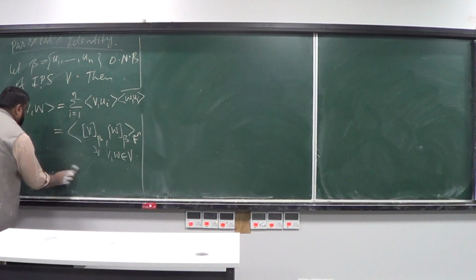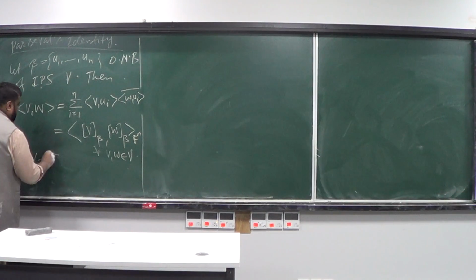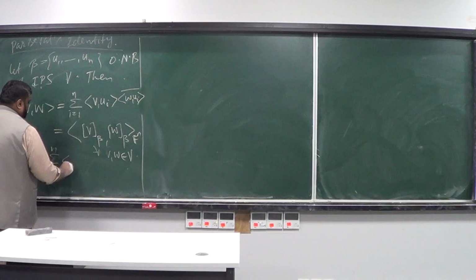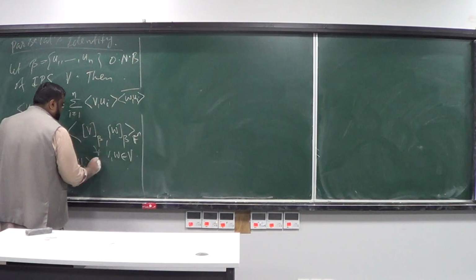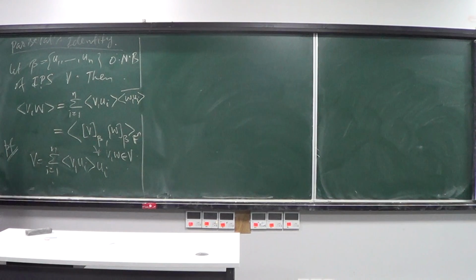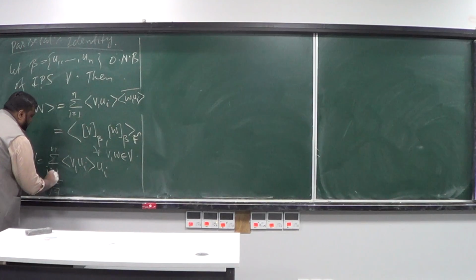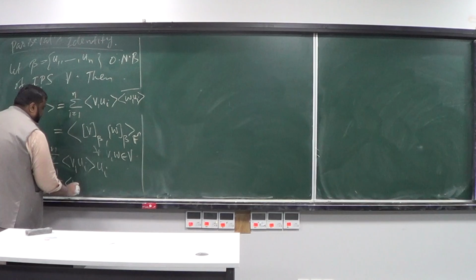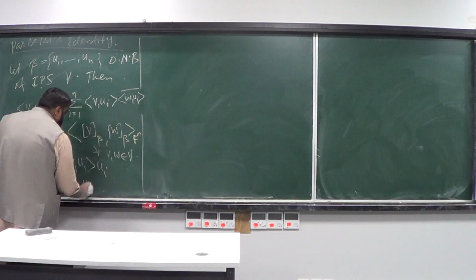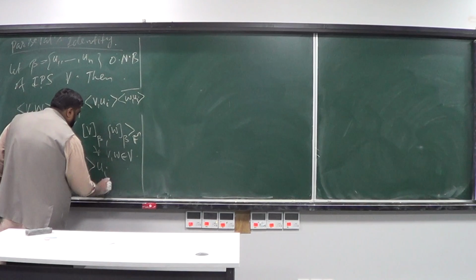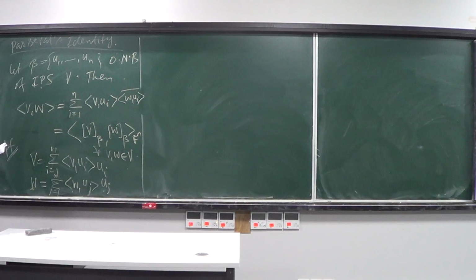So v is equal to the sum from i equal to 1 to n of the inner product of v with ui times ui. If you have an orthonormal basis, it is really easy to find the expression for v in terms of the orthonormal basis. What would be the description for w? The w is going to be the sum over j equal to 1 to n of the inner product of w with uj times uj.